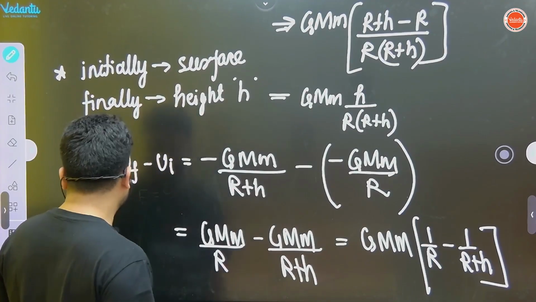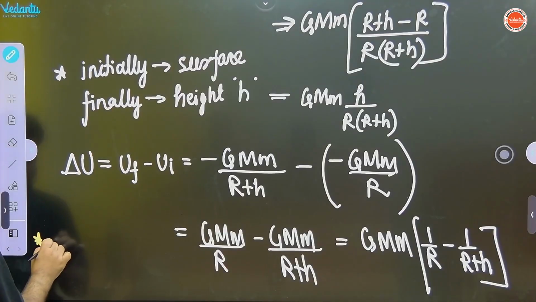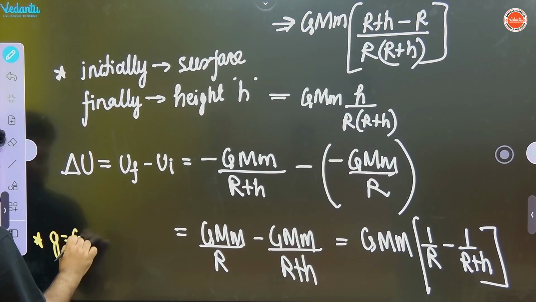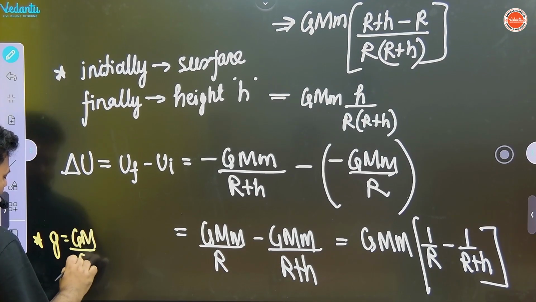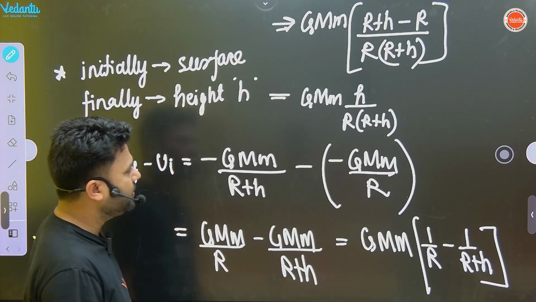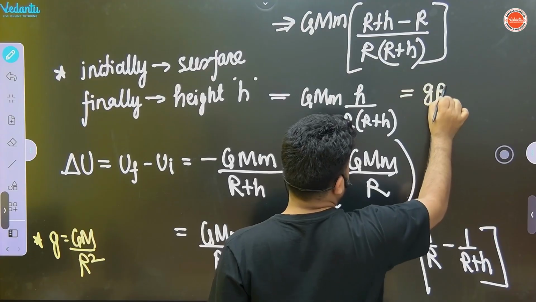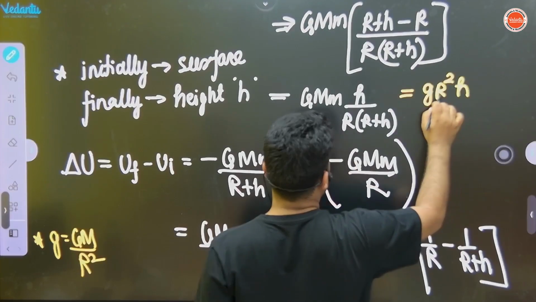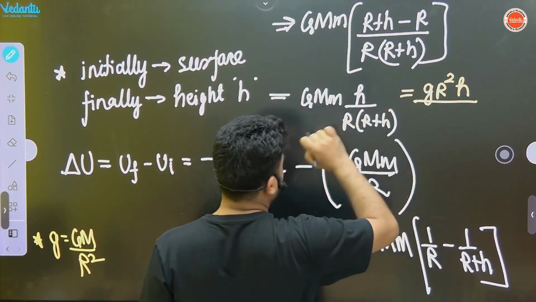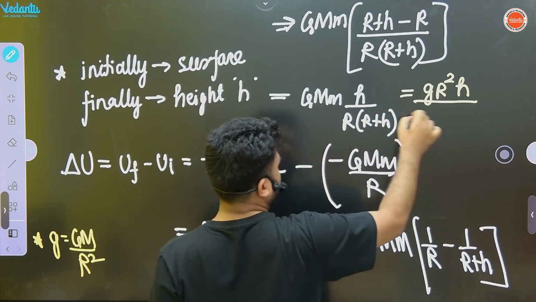Now since we know one very important point, g equals to GM by R square. This is very important. So GM equals to, we can write now, gR square, cross multiply. So Gm we can write gR square, and one more m is there.